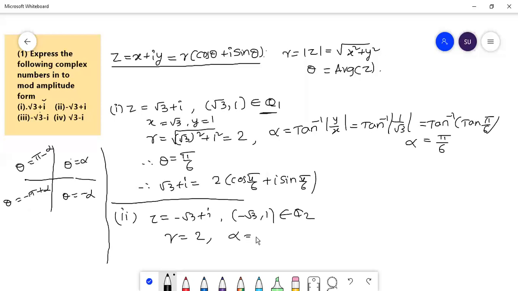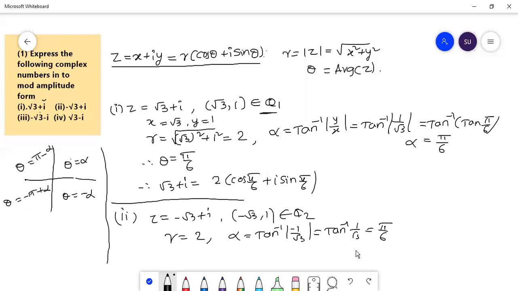What about alpha? Alpha is also the same. We get tan inverse mod y by x, that is 1 by minus root 3, that means minus 1 by root 3. Again tan inverse 1 by root 3 only, which is equal to pi by 6.